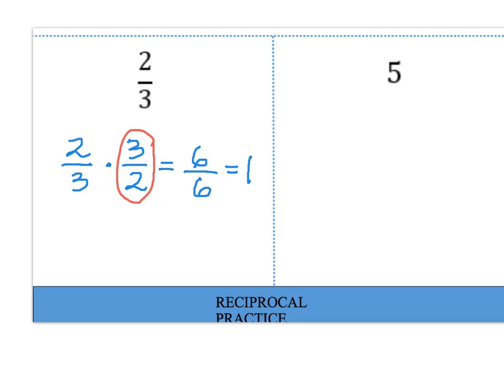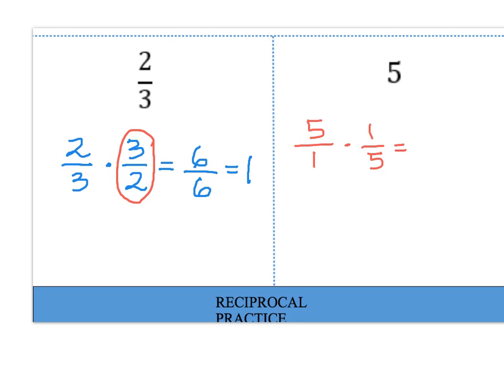So let's go ahead and try this second practice problem. If I have this whole number of 5, I can make this whole number of 5 look like a fraction by placing it over a 1. And then I want to multiply it by the reciprocal, so I'm going to take the reciprocal of 5/1, which is 1/5. So what I could do, like Miss Wong said, was I could go ahead and cross-cancel if I wanted to, or I can multiply straight across.